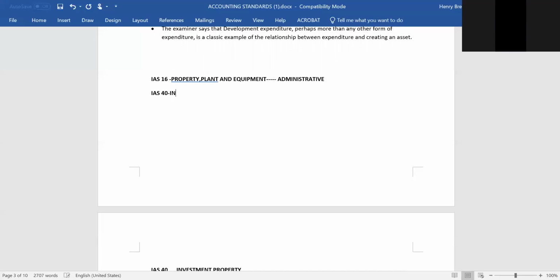So investment property, that is for commercial purpose. There can also be an instance where a property which is already added to the PPE can now be held for sale. Already it was part of IAS 16. So in the statement of financial position on non-current assets, you see property, plant, equipment.